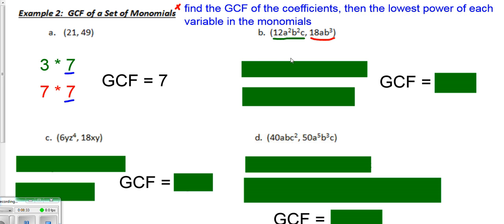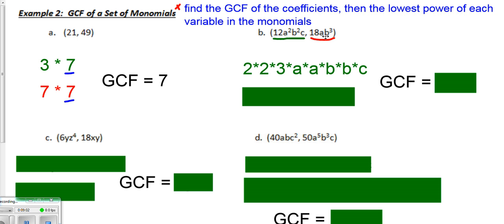So, just like in our last set of examples, our first monomial, 12a squared b squared c, we can get into factored form. 2 times 2 is 4, times 3 is 12. That's where these numbers came from. A squared, so a times a. B squared is b times b, and c is right here. So this is the factored form of our first monomial.